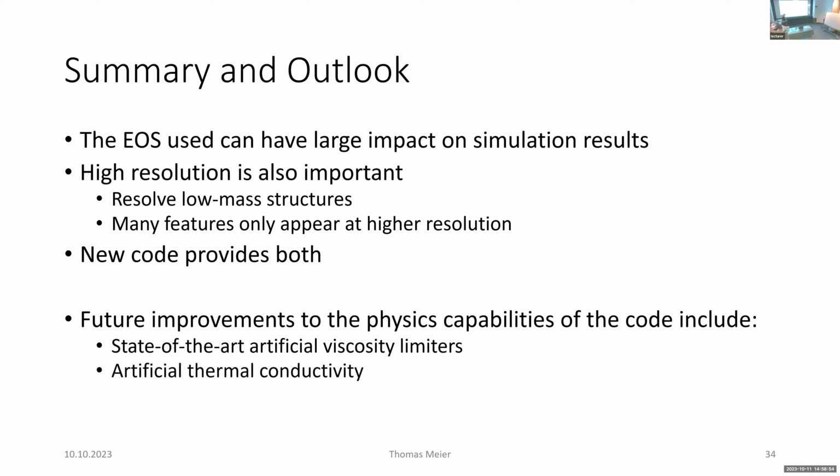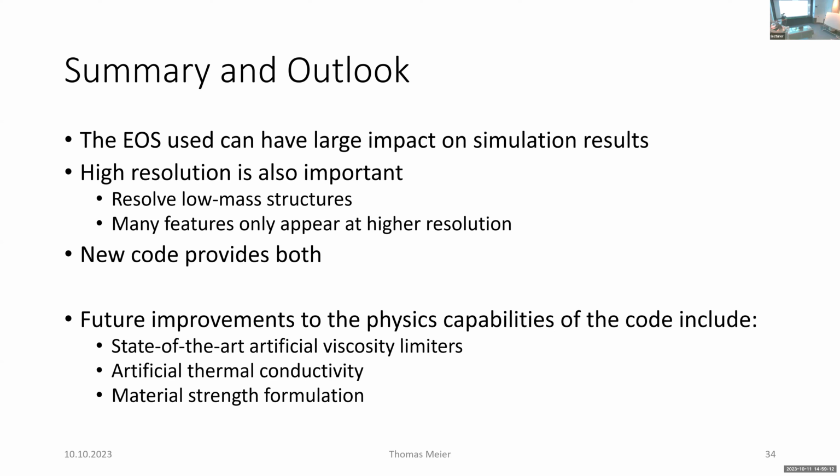And we also want to add artificial thermal conductivity, which should help in mixing, because it reduces the artificial surface tension between phases. And the most important one is material strength.